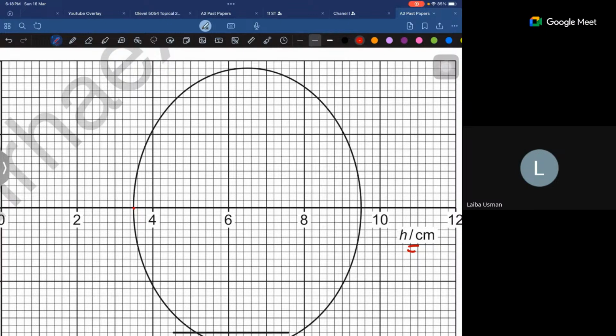Here, this is one value and the other one is this value. 3.2, 3.4, 3.6. So this is going to be actually 3.5. This is 9, 9.2, 9.4, 9.6. So this is 9.5. So the total length from this point to this point is about 6.